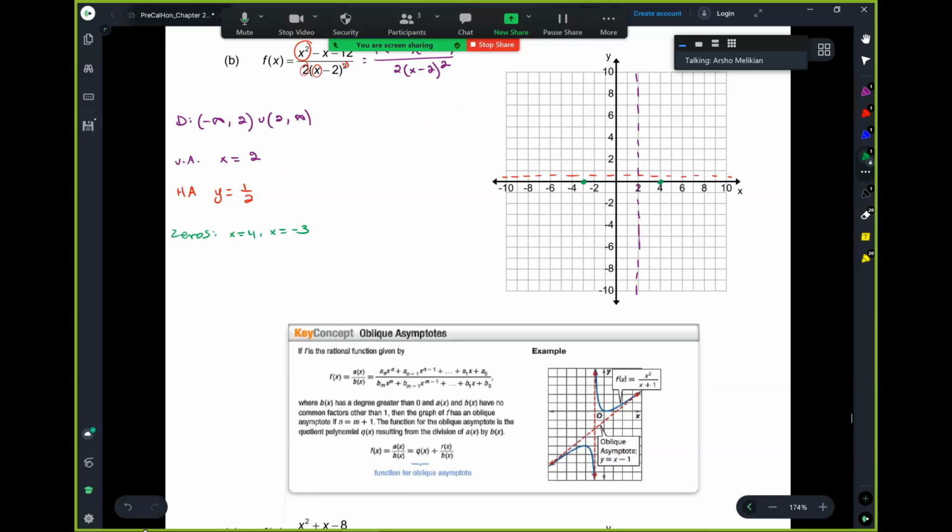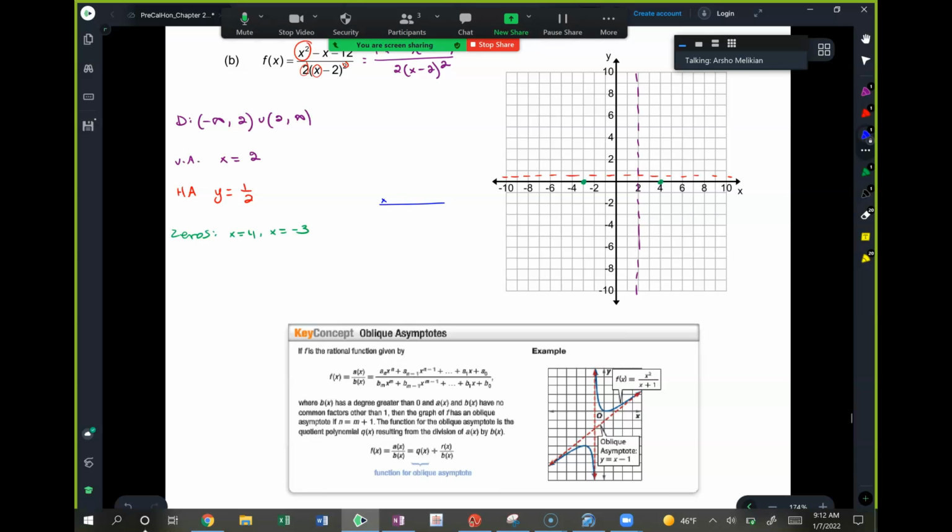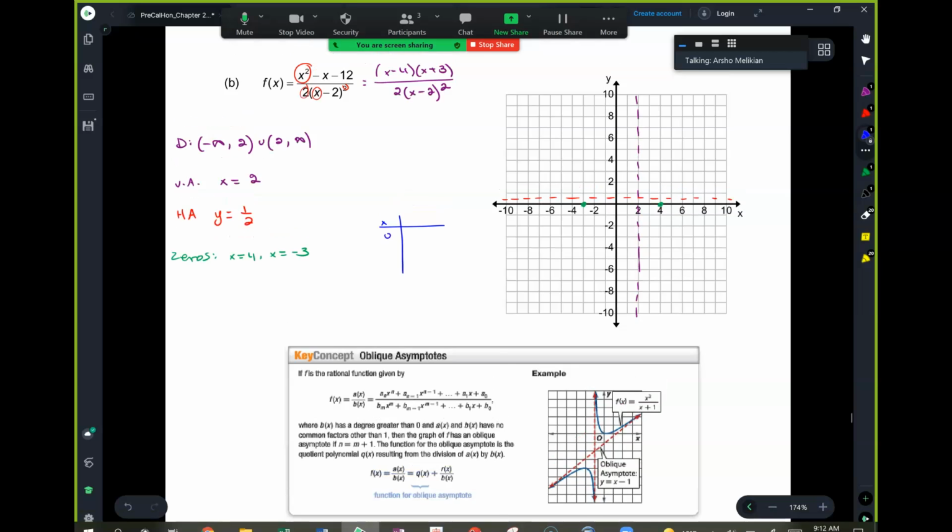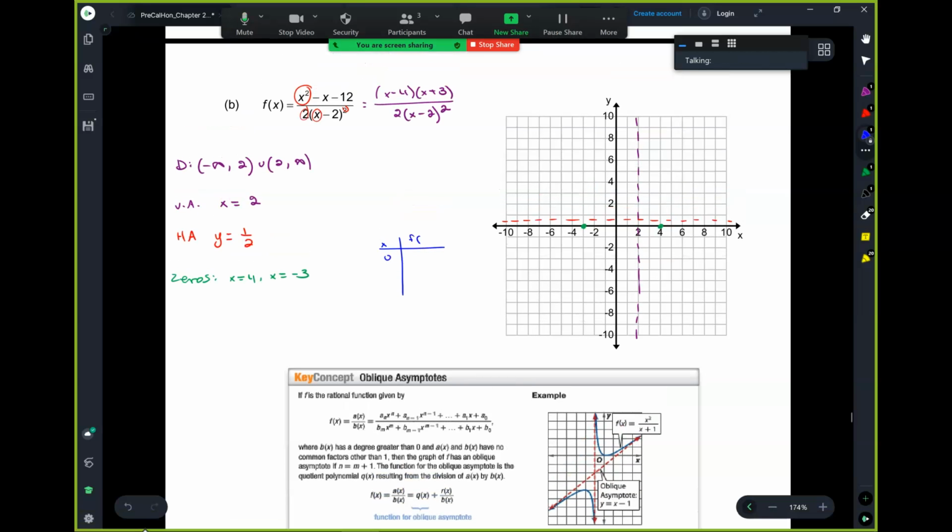So let's do another test point. Let's find the y-intercept. When x is 0, what's y? It's -12 on the top, and then on the bottom it's 2 times 4, which is 8.